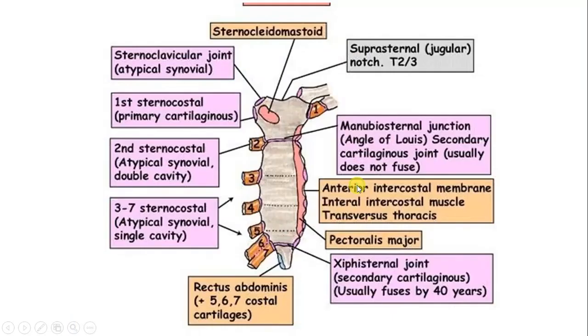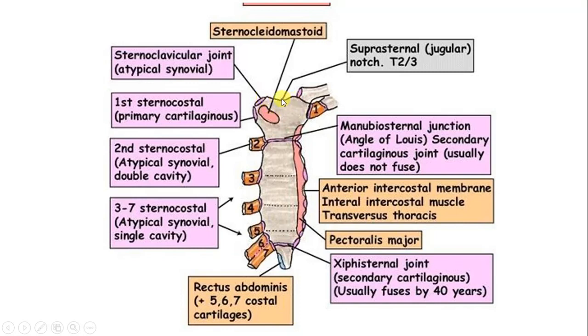So we have seen this. Now here are the different attachments of the sternum as shown here. The suprasternal notch is at the level of T2 and T3. We can feel it, the jugular notch, because the anterior jugular vein is present, and that's why it's named jugular notch.